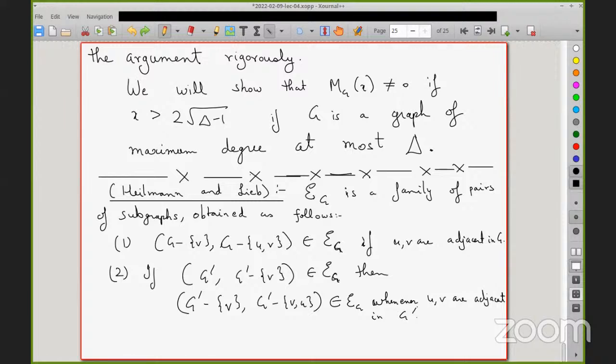U must be a different vertex in particular, and it must be in G prime, and V must be adjacent. So edges are not being removed. So adjacent in G and U in G. So the same thing.